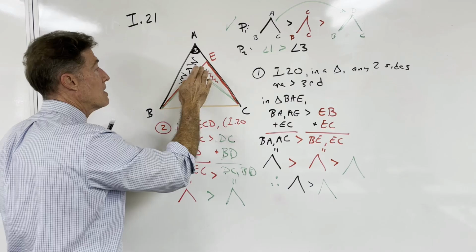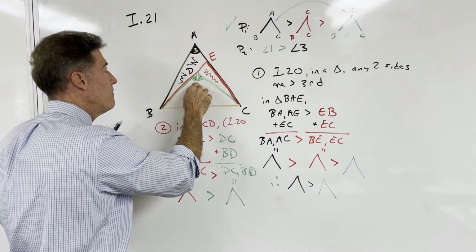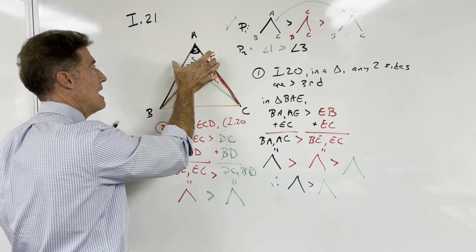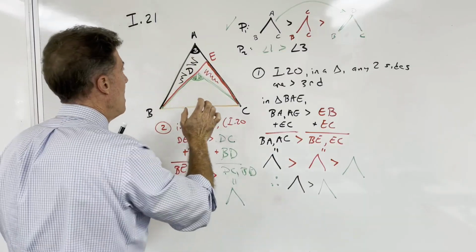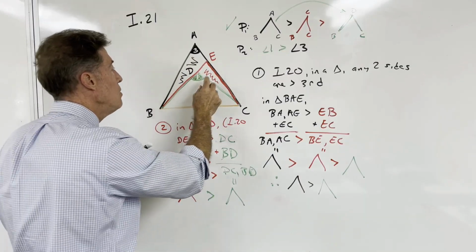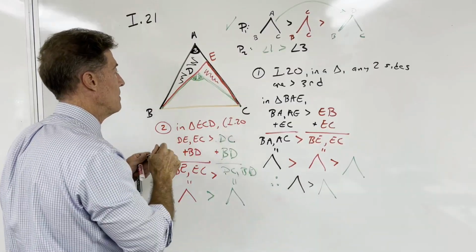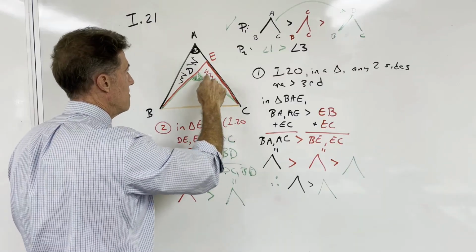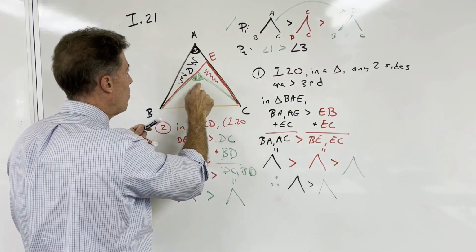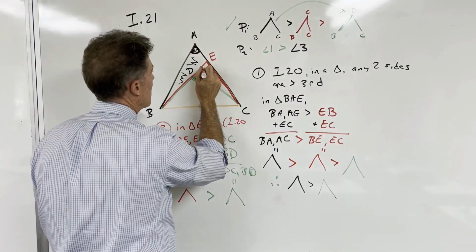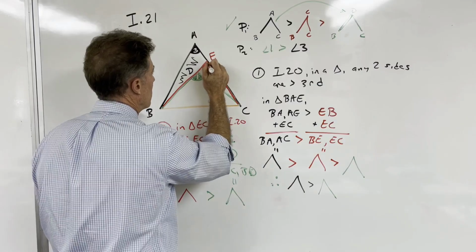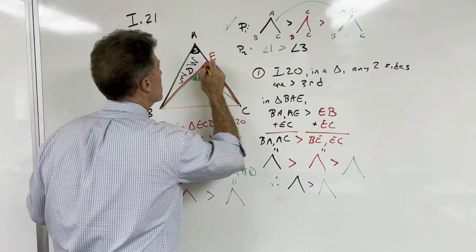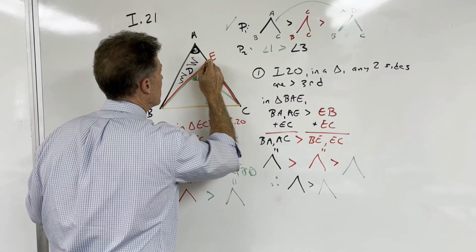Now it's just left for us to prove that this angle, the angle contained by the lesser legs, contains a greater angle than the angle contained by the greater legs. So again, we're going to use a common triangle. We're going to look at this triangle here in red, and let's look at angle 1 here, and another angle here that we'll call angle 2.